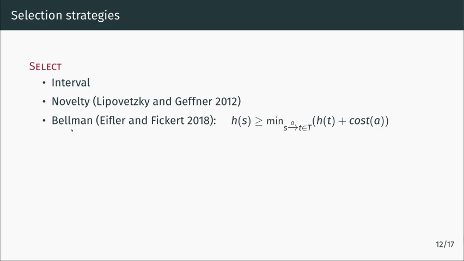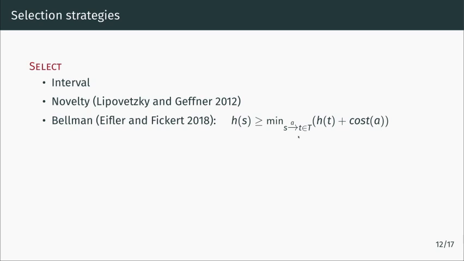The third one stems from the Bellman inequality and has actually been used by Eifler and Fickert for deciding when to improve heuristics. And the Bellman equation looks like this. It says that the heuristic value for a state S must be at least as high as the heuristic value of one of its successors plus the cost of going from S to this successor.